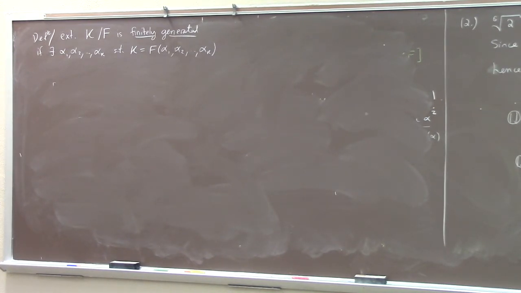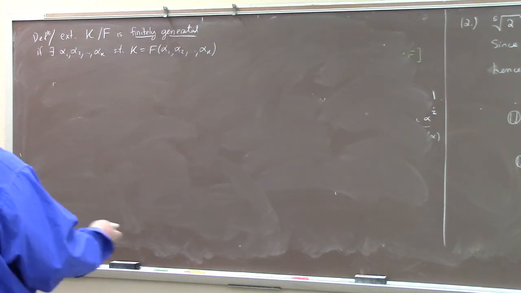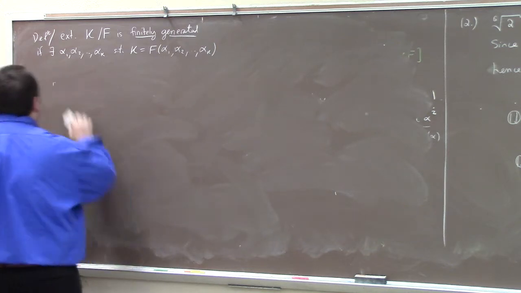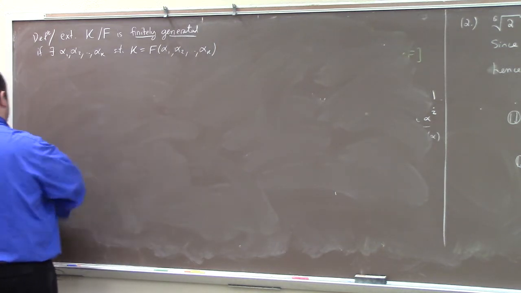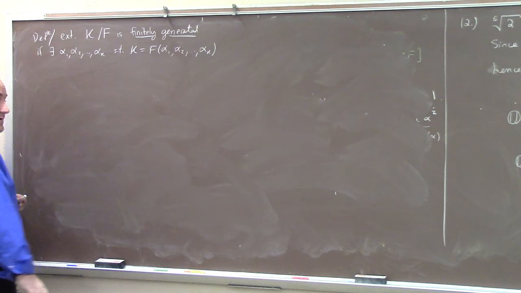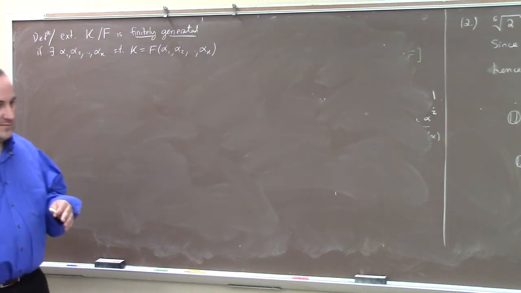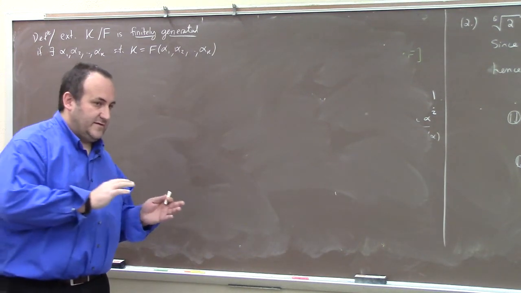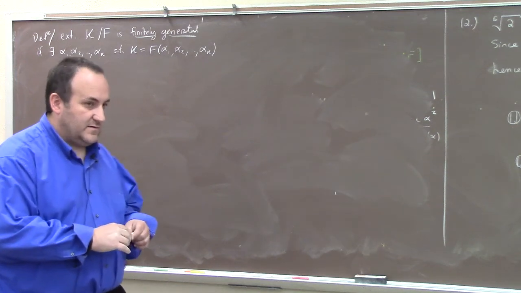This is not to say that K is a finite extension. Like Q adjoin pi is a finitely generated extension because I'm just extending by pi. But I believe you can prove that, for example, the real numbers are not a finitely generated extension of the rationals.